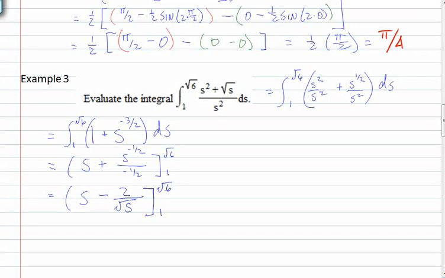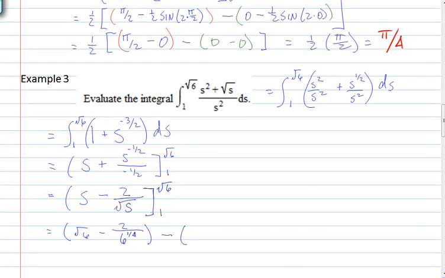Right? Fundamental theorem of calculus says we plug in our upper bound. So that's going to give us the square root of 6 minus 2 over the square root of the square root of 6. Well, the square root of 6 is 6 to the 1/4, isn't it? It's the 4th root of 6.